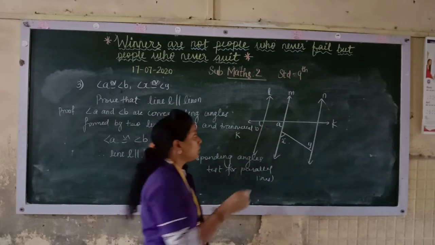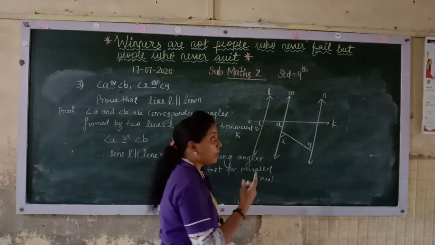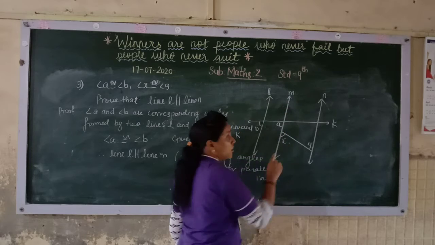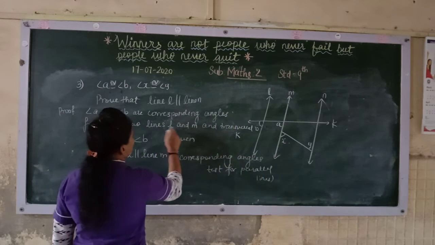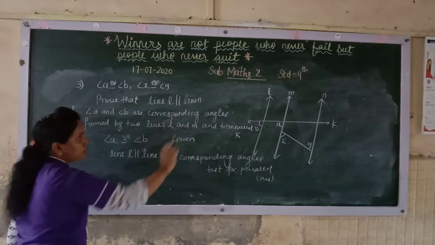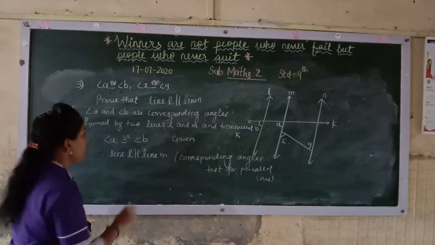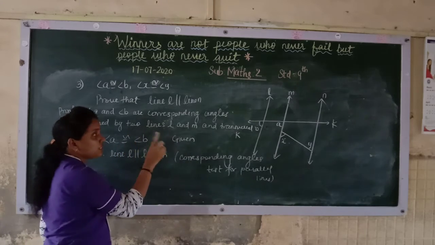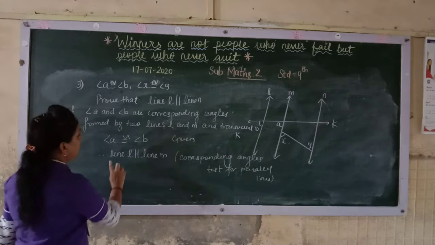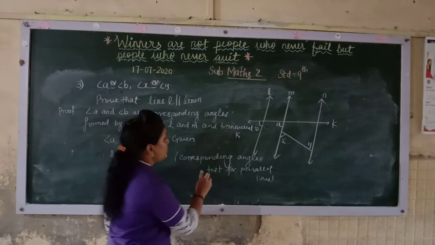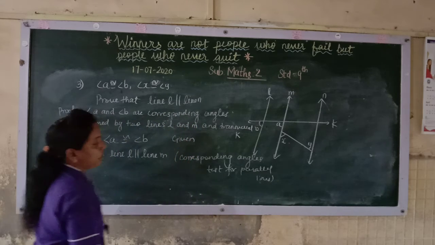But you should know that these two are corresponding angles, and when they are congruent, these two lines are parallel. So we have written that angle A and B are corresponding angles formed by two lines L and M and transversal K. A is congruent to B is given, which means these two lines are parallel. So line L and M are parallel. You will write corresponding angles test for parallel lines.